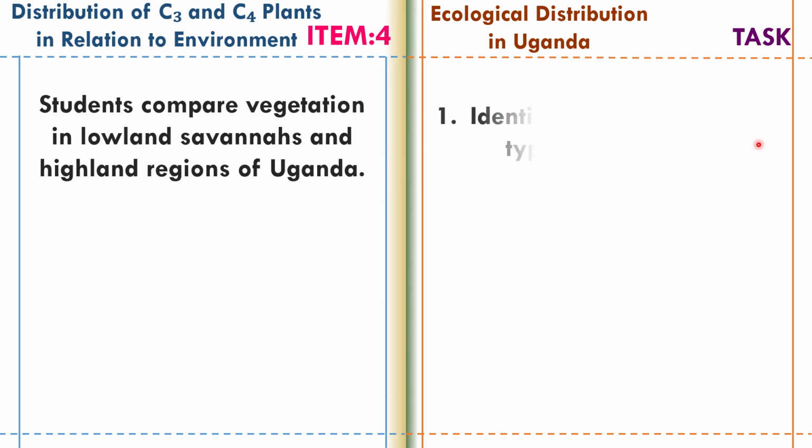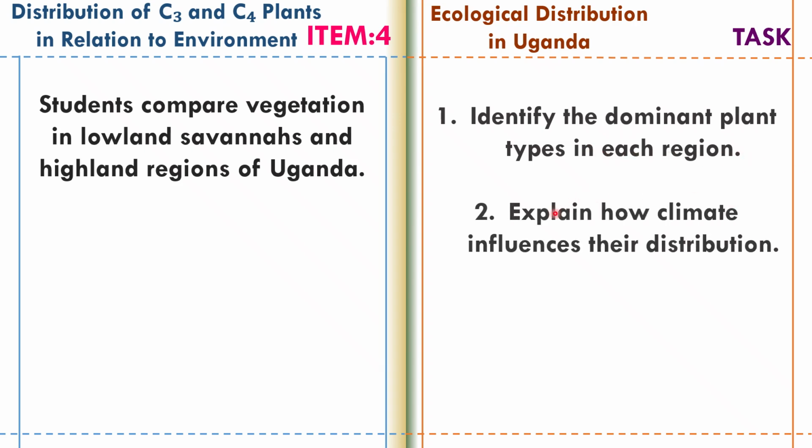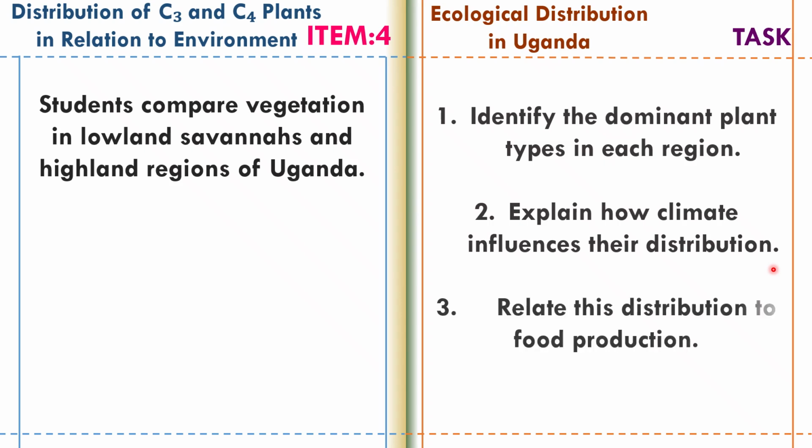Task: identify the dominant plant types in each region. Explain how climate influences their distribution. Relate this distribution to food production.